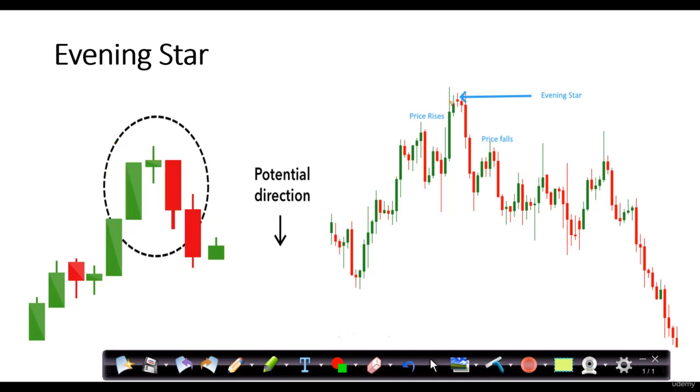Just see the example here. You are seeing one strong bullish candle, one doji candle, and two doji candles, and this strong bearish candle. This is the evening star candlestick pattern. If you see this type of swing pattern, then it's an evening star.